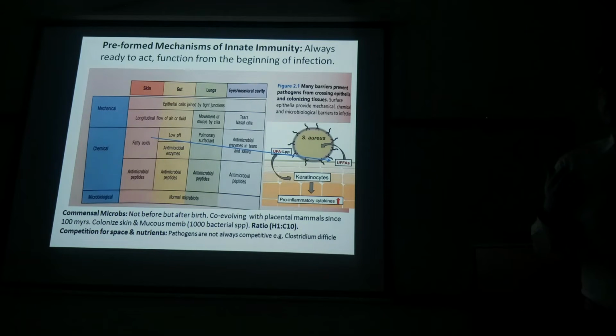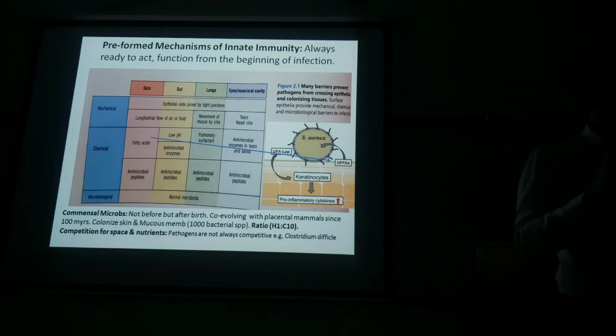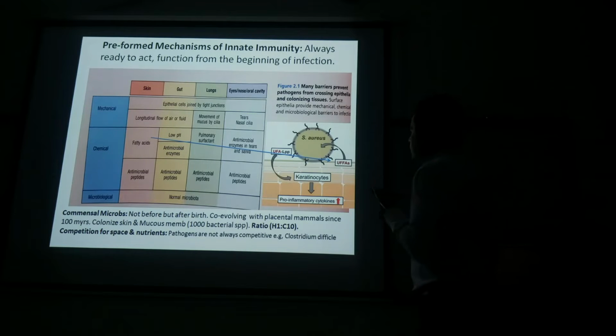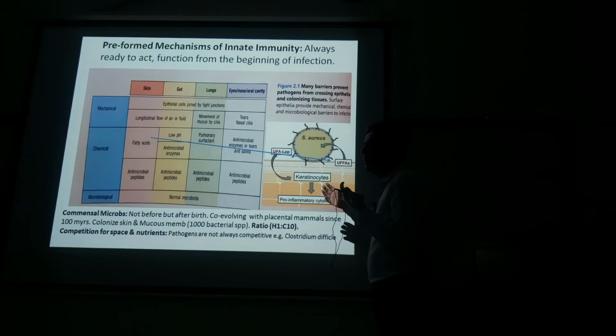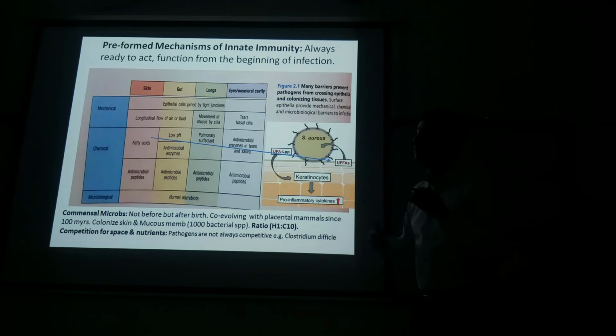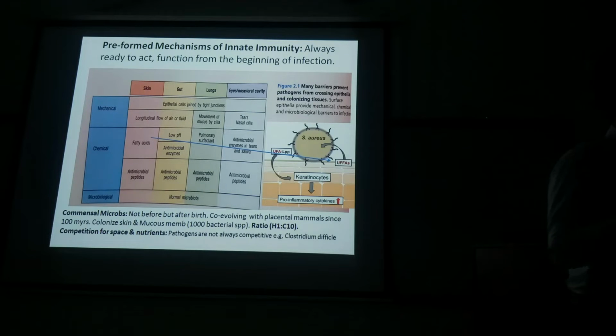Pro-inflammatory cytokines means cytokines that are going to start this war against the pathogen. These cytokines are going to promote the process of inflammation. We call them pro-inflammatory cytokines. They are going to set the alarm, to tell everybody to come and fight the pathogen and kill that pathogen. Signaling molecules, you can say.